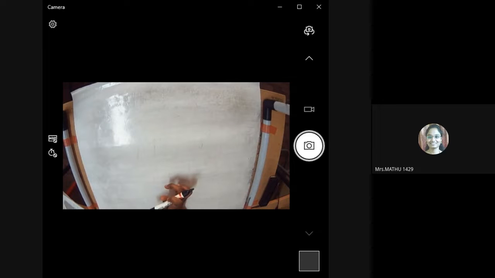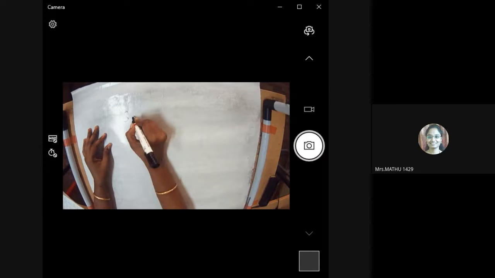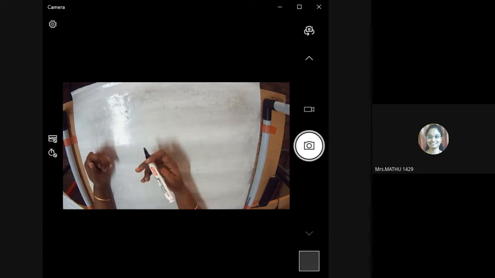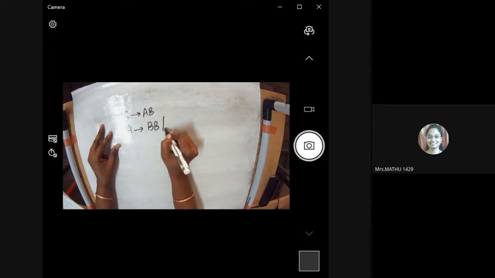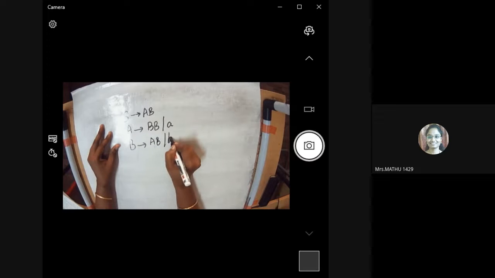So take down this problem. Let me give a grammar. S gives AB, A gives BB or small a, and B gives capital AB or b.